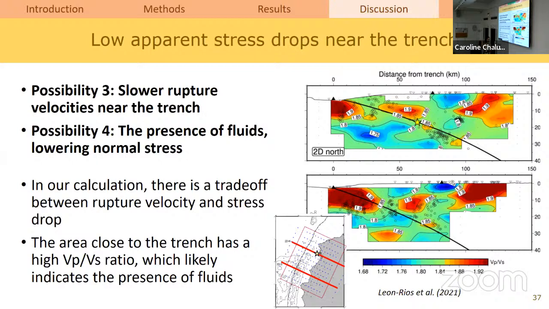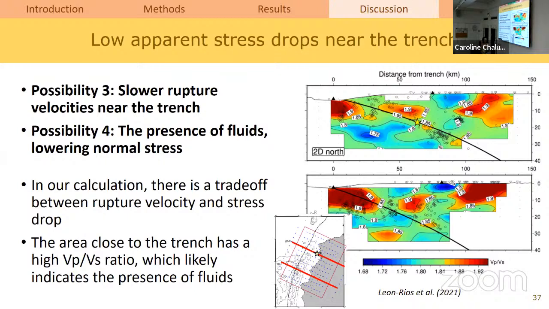When I showed you earlier the formula for stress drop, it uses seismic moment and corner frequency, and we have to assume a rupture velocity. In order to calculate the stress drop, we have to assume that the factor for the rupture velocity stays constant. Because of that, we could be in a situation where there is an anomalously low rupture velocity near the trench that could theoretically imply that the stress drops are actually not so low.